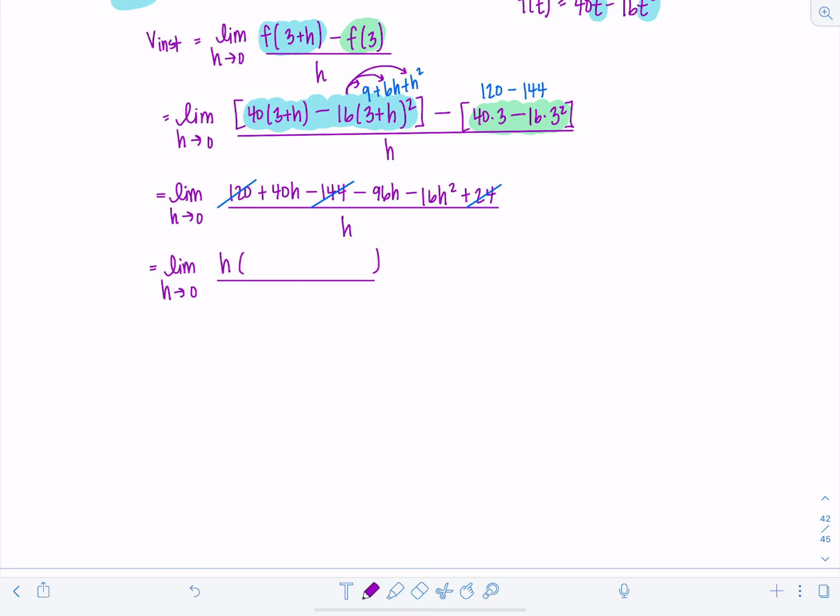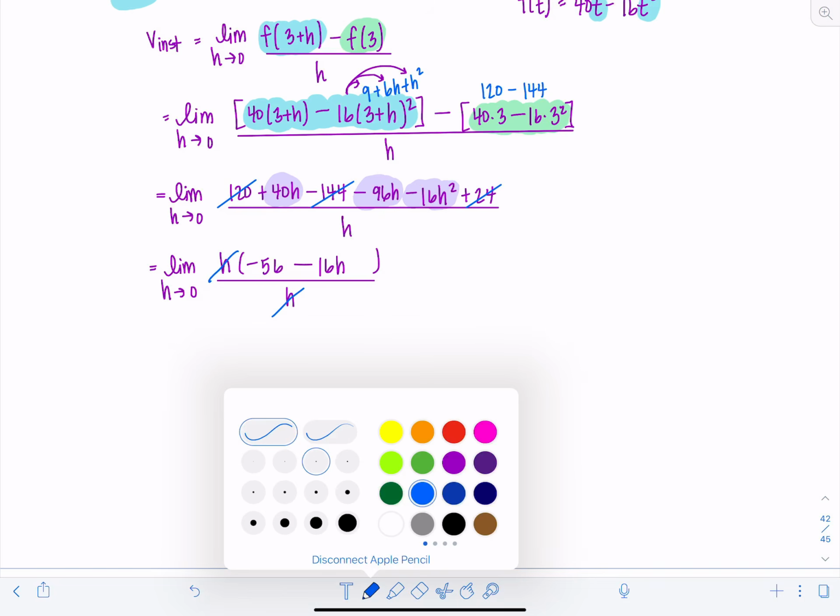Let's see what's left over. Notice here I have 40h minus 96h, so that's negative 56h. I just took the h out, so I've got negative 56. And then this is minus 16h squared. I took the h out though, so it's just minus 16h over h. H's cancel.